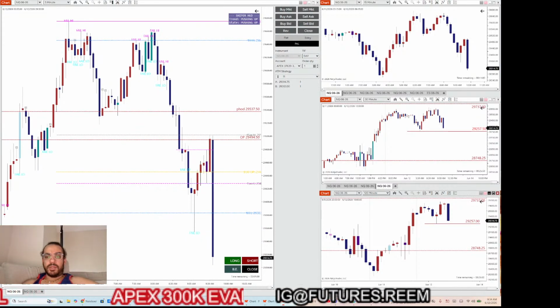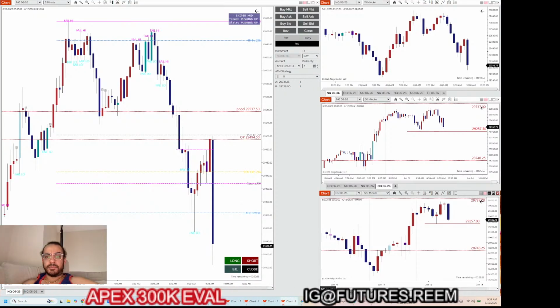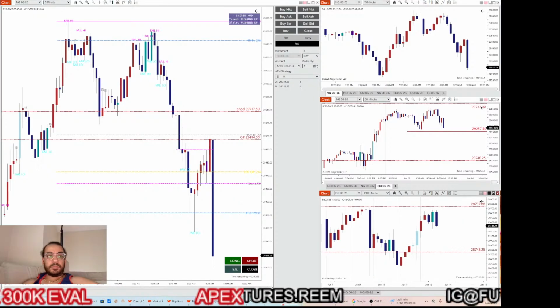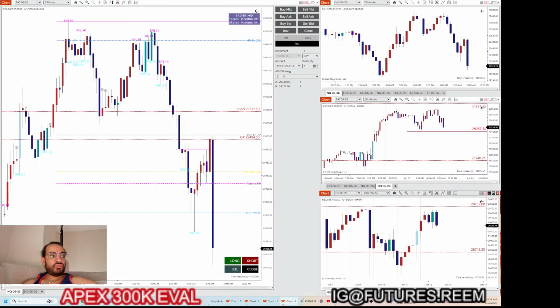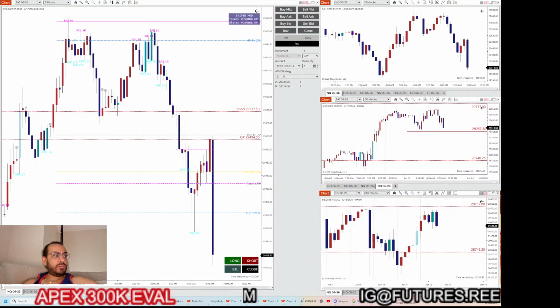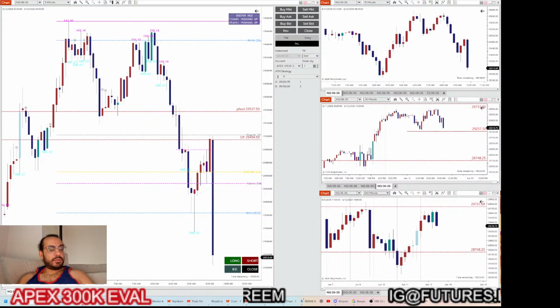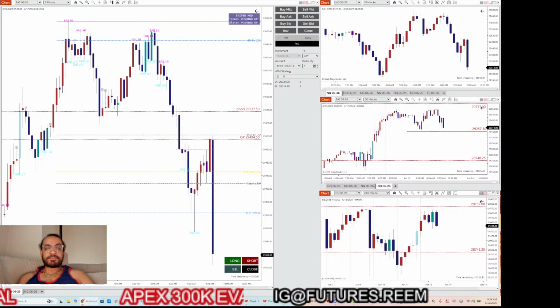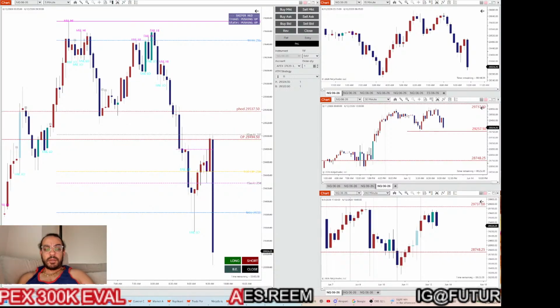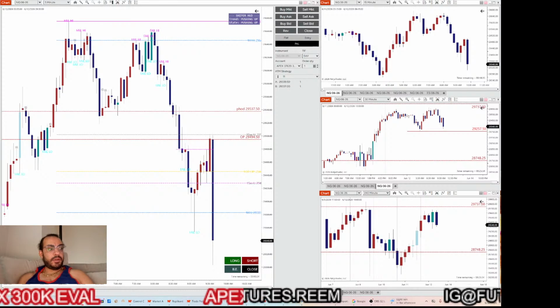So I'm gonna be watching here, see what's gonna happen. Strong push down at open. 4 hour inside previous range.